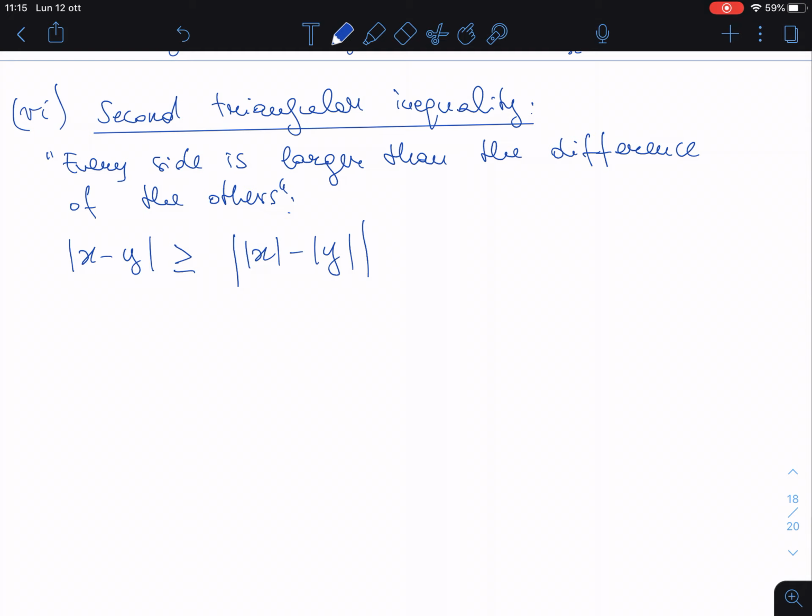Or again, this is equivalent to x plus y larger or equal than modulus of x minus modulus of y in absolute value.